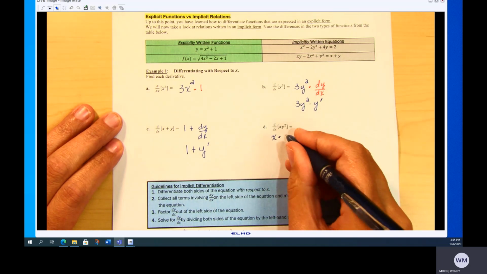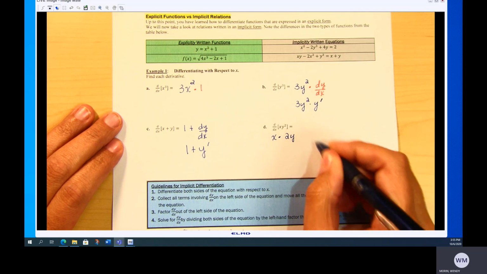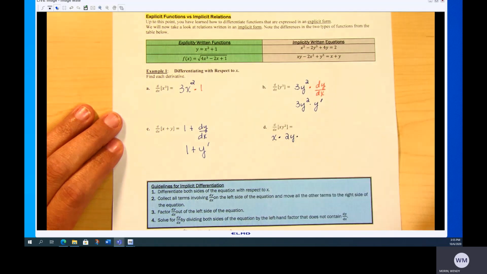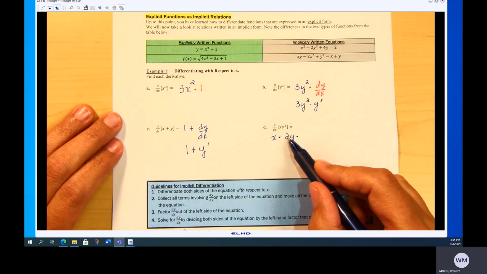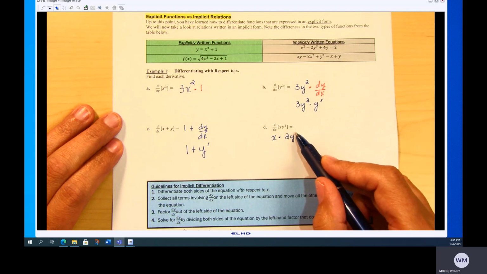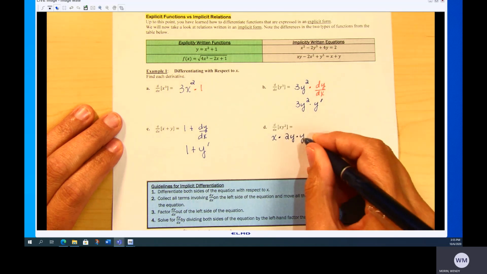So that would be 2y to the first. That's the derivative rule for y squared. 2y to the first times u prime times y prime.